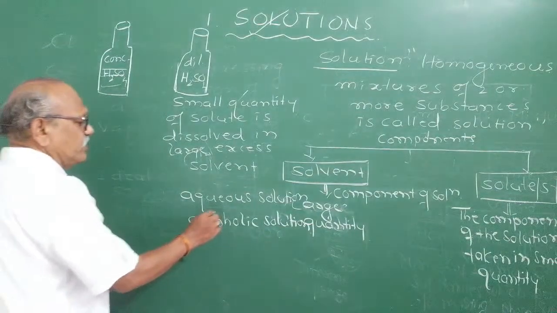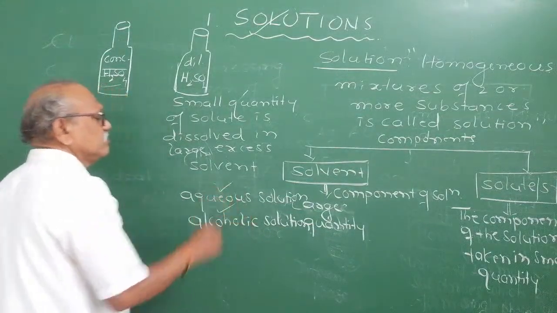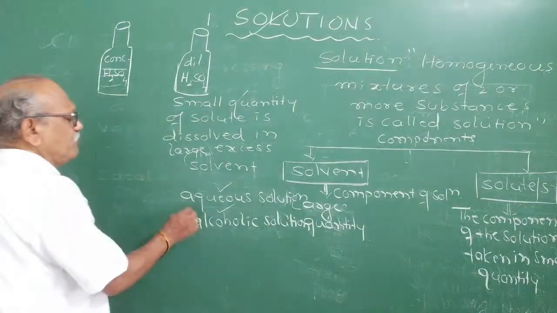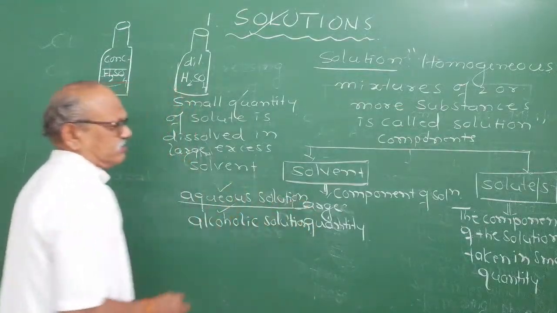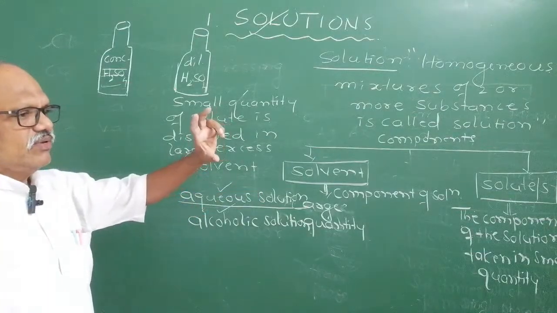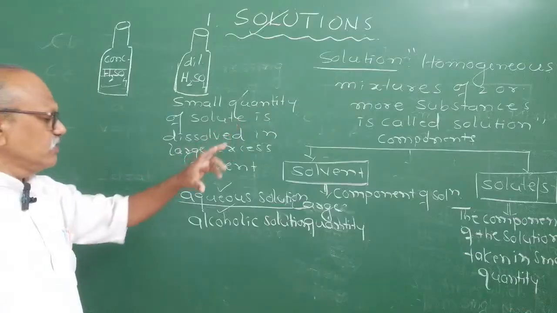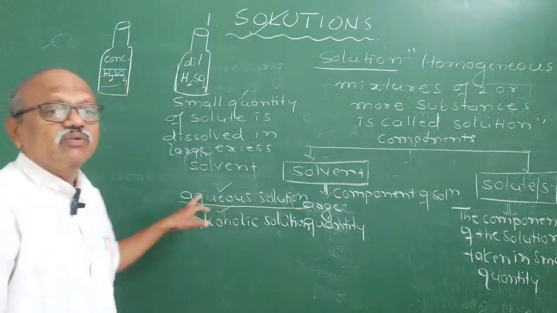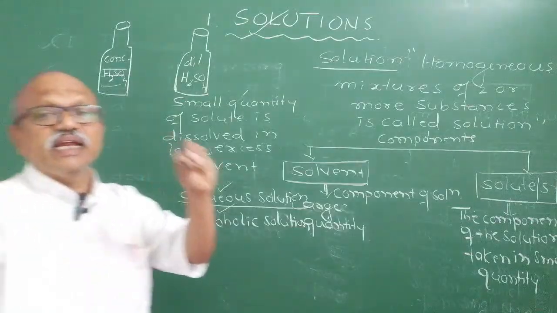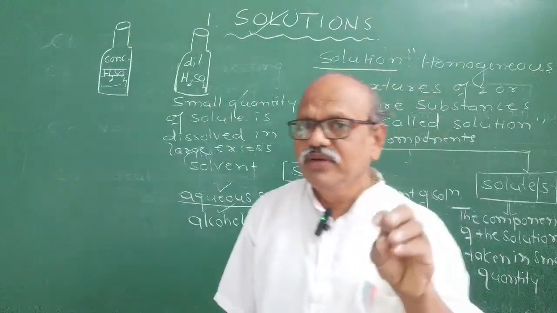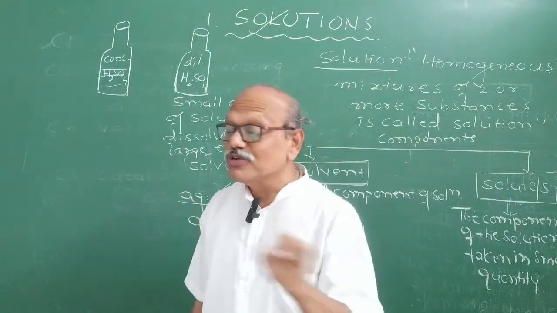Solvent will determine the state of the solution. If you take sodium chloride in water, it is in liquid state, right? Because the solvent water is in liquid state. Generally, the physical state of the solution is determined by solvent but not solute.